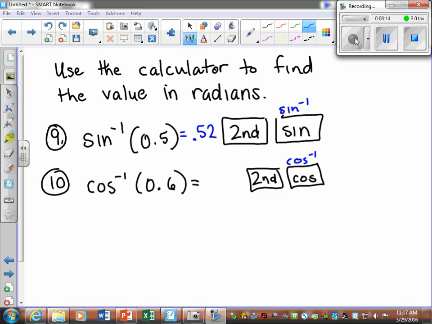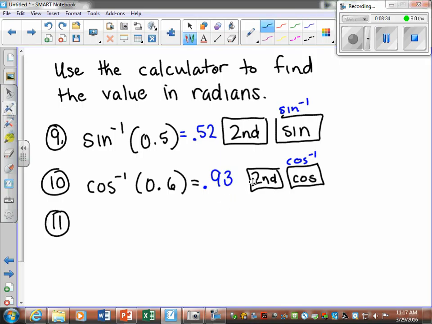I get decimal 0.927295218. Rounded to two decimal places, I got approximately 0.93. Now the cosine is between 0 and pi, and so is this in our range? Yes, so our answer is just 0.93.